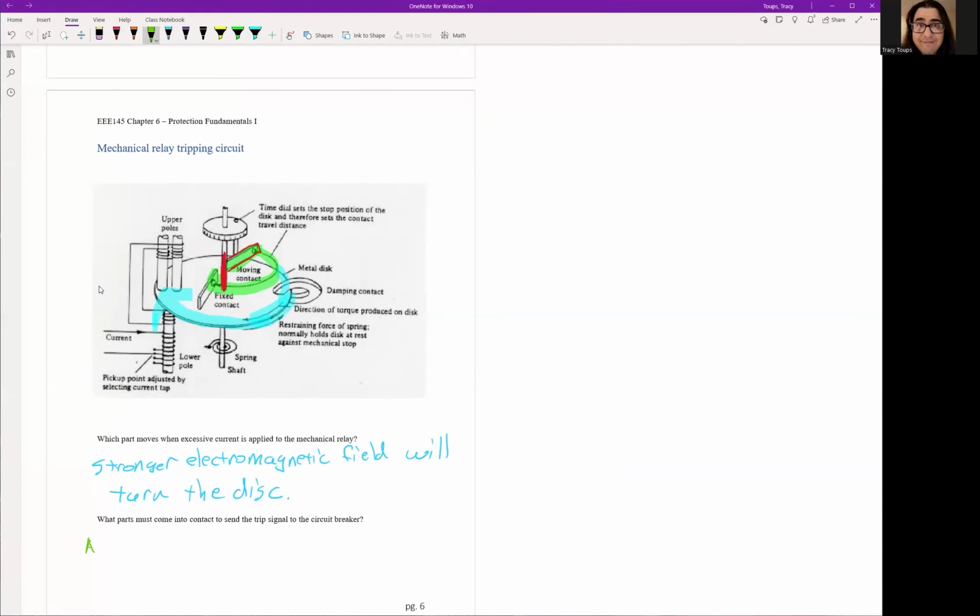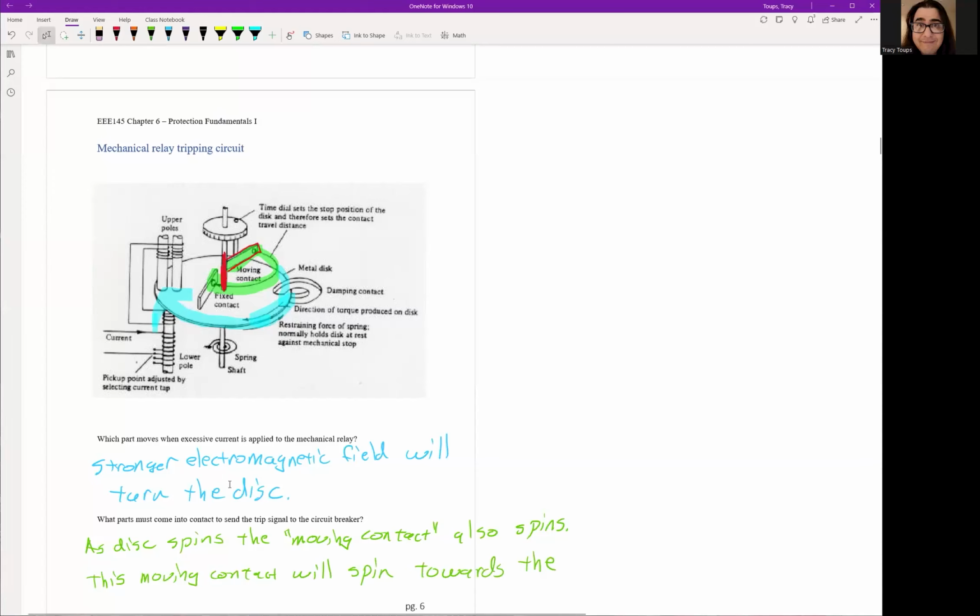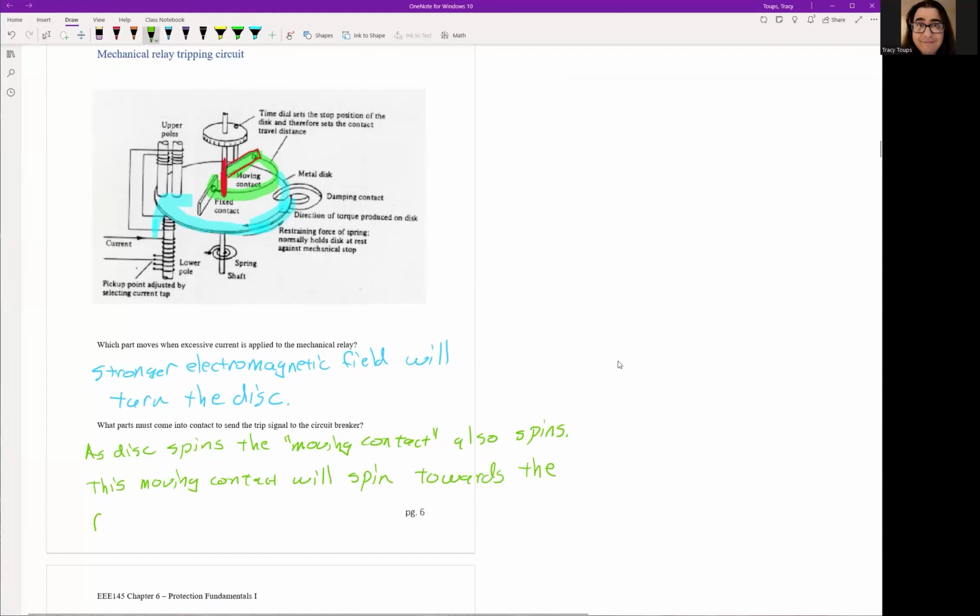So as the disc spins, the moving contact also spins, and this moving contact will spin towards the fixed contact. You can see in green, this is the path that it'll take.